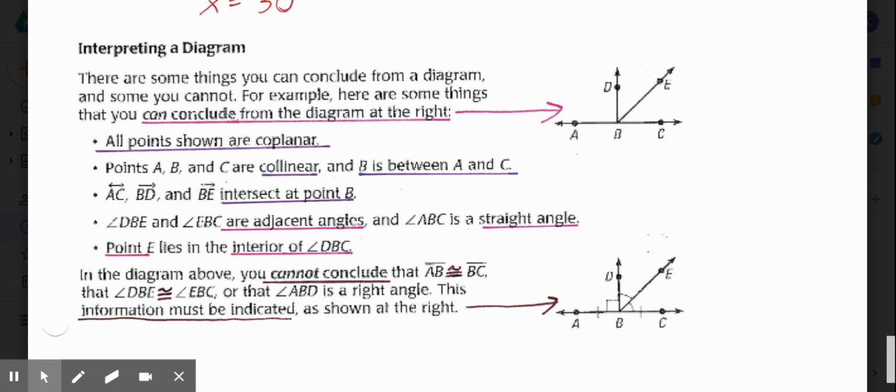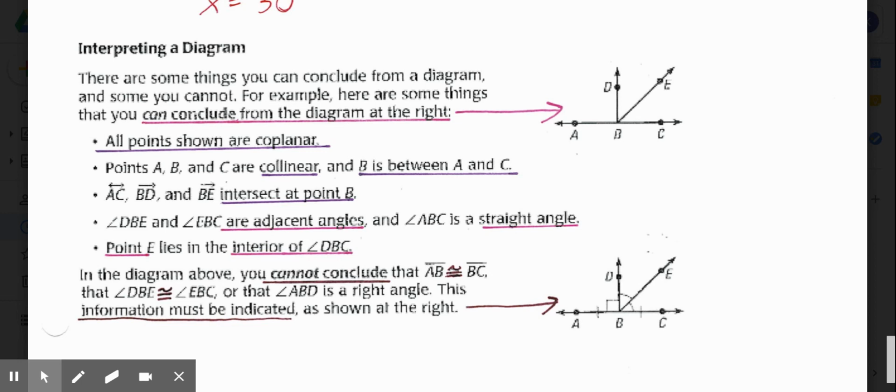We also can then say that point B is between A and C. The definition of between in geometry, which we'll explore more later, is that a point is on the same line and then it is on the interior of those other 2 points.